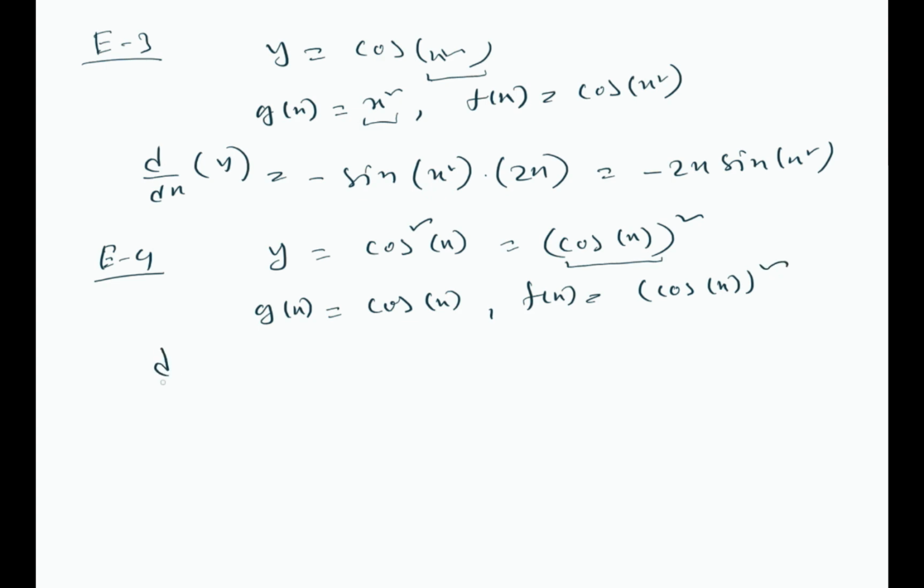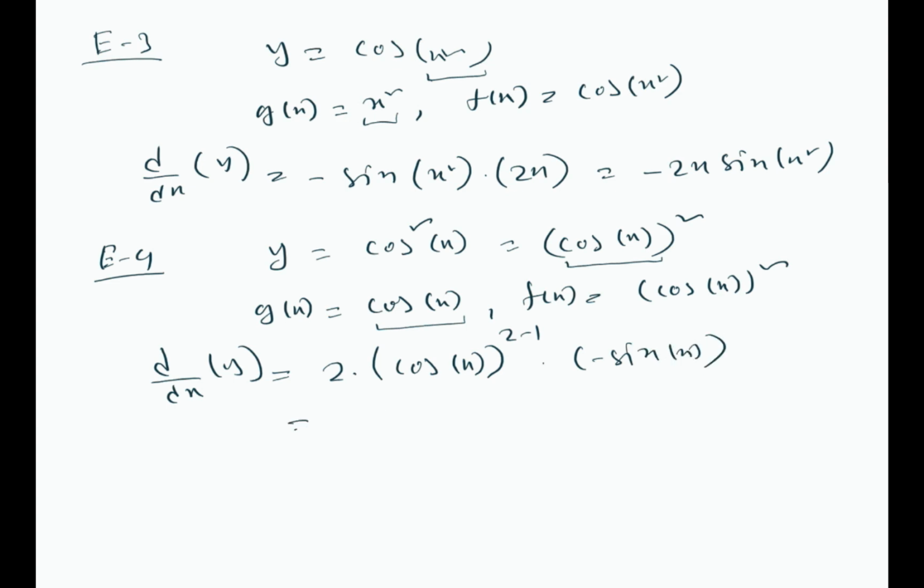Okay, so derivative of this function dy/dx is equal to, first differentiate the outer function, right? So first we bring down 2 according to the power, so 2 times cos of x, and then 2 minus 1, which is just 1, and now differentiate the inner function, which is cos of x, and the derivative of cos of x is actually minus sine of x.